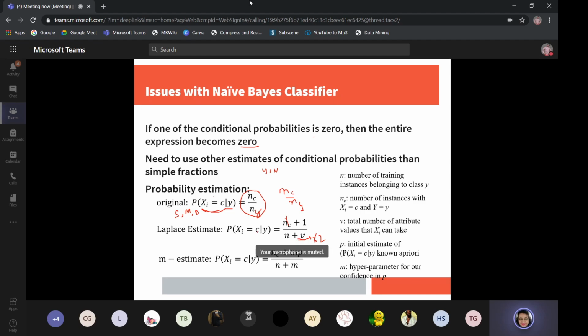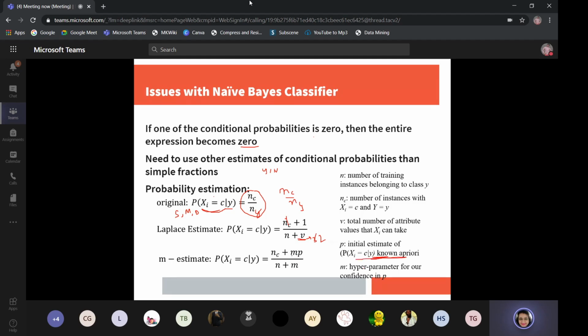In case of M estimate, you are saying that the number of occurrences of x plus mp, where m is a hyperparameter that we get to choose. It depends on how you have studied the data. Hyperparameter is what the programmer or the data scientist provides, and p is the initial estimate of the a priori probability of xi given c.